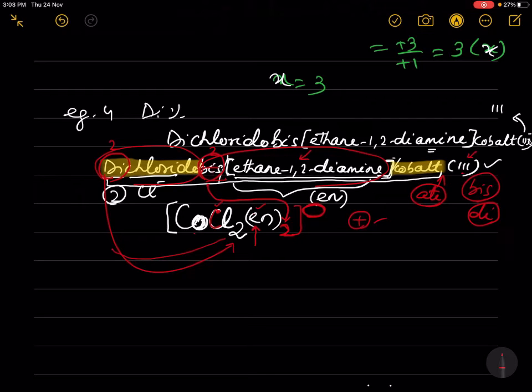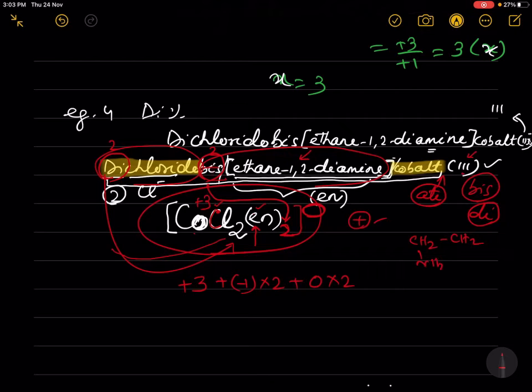So let me find the charge above the square bracket. Co is +3. For chlorine it is -1 into 2. For en it is 0 into 2. En means NH2CH2CH2NH2. This is ethane 1,2-diamine. It is a neutral molecule, neutral ligand, bidentate ligand, or you can say didentate.